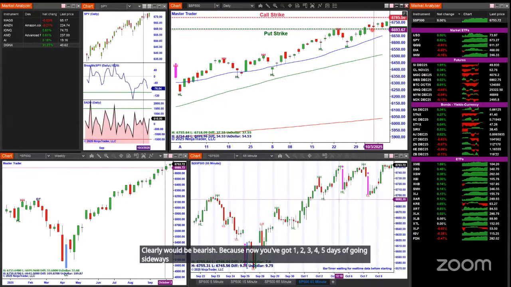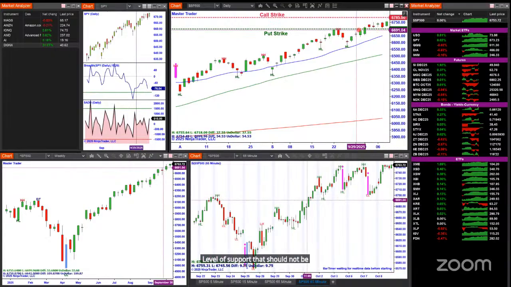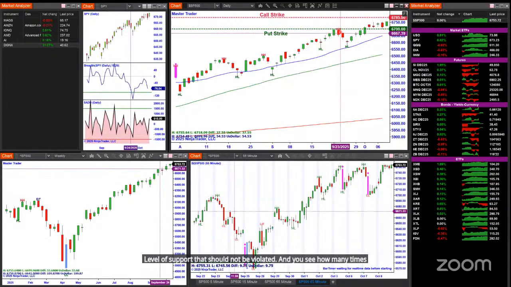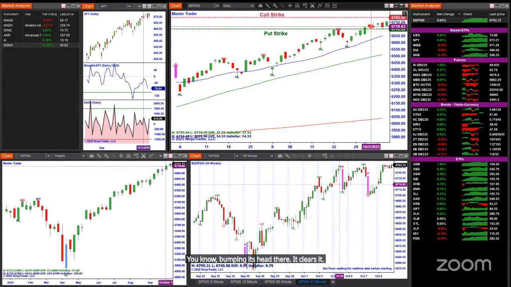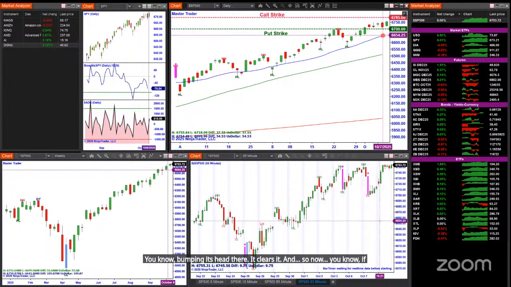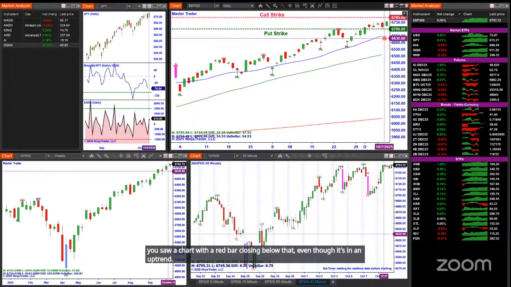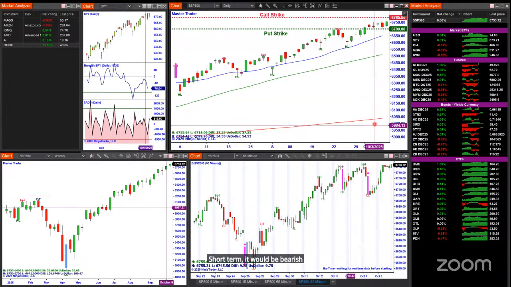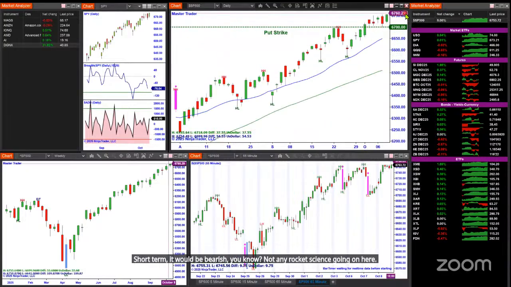So this is a significant level of support that should not be violated. And you see how many times it was bumping its head there. It clears it. And so now, if you saw a chart with a red bar closing below that, even though it's in an uptrend, short term, it would be bearish. Not any rocket science going on here, just common sense price action.